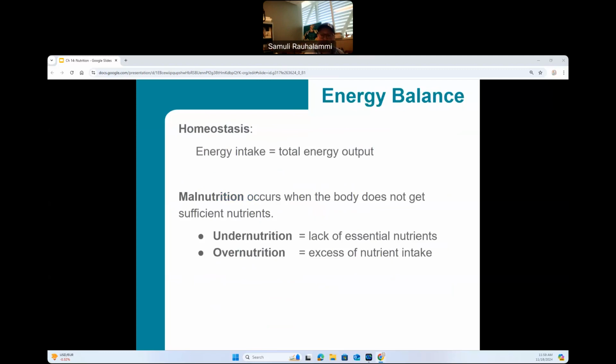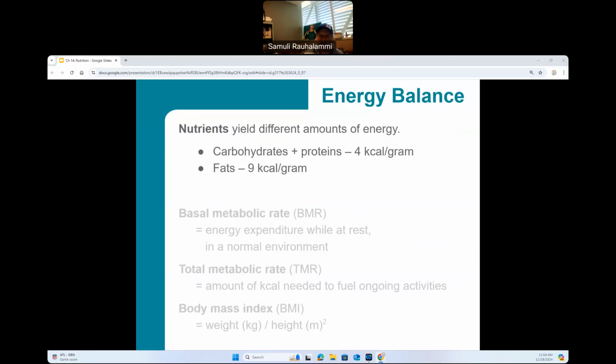Any excess energy gets stored as fat or glycogen. We can have too few nutrients, or we can have too many nutrients, and both of these lead us to deviate from this state of homeostasis. Now, it's not just how much we eat, but also what kind of food we eat, and different nutrients yield different amounts of energy.